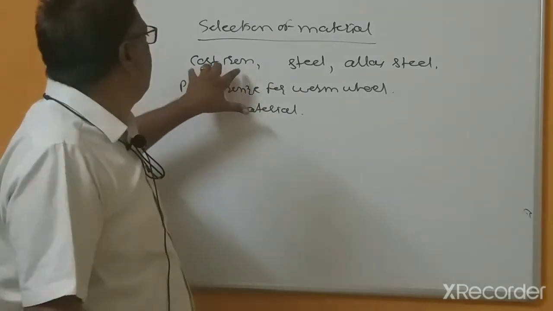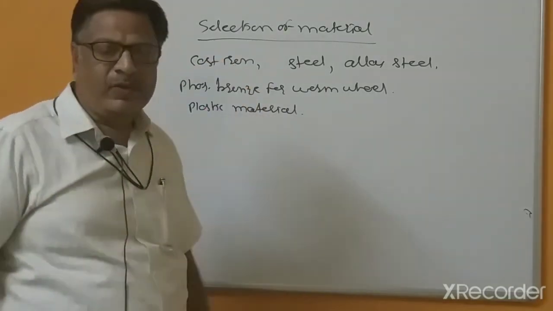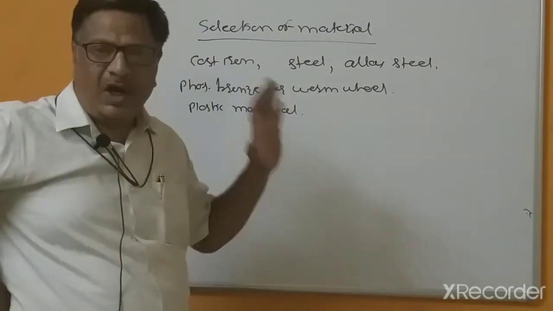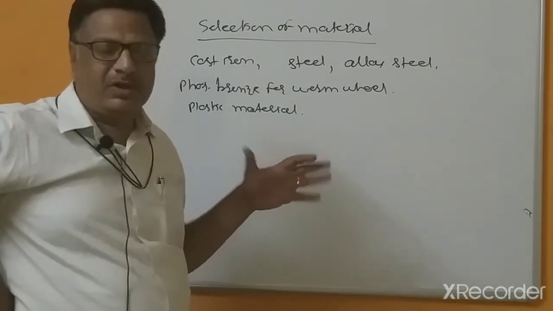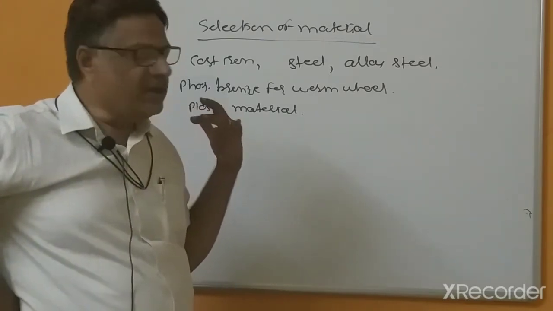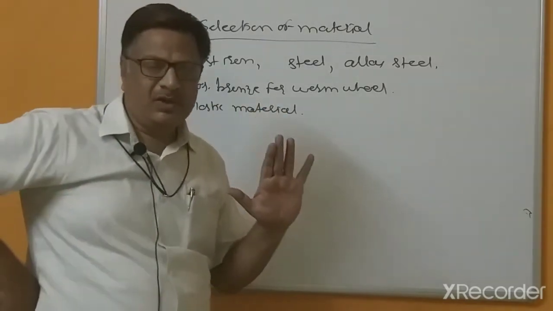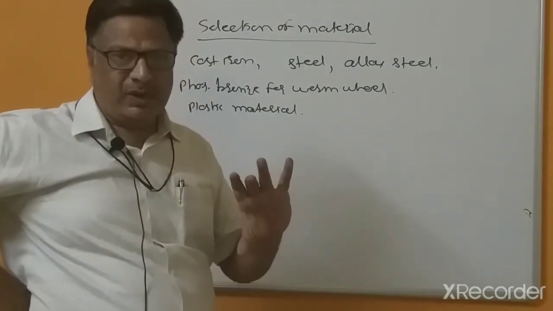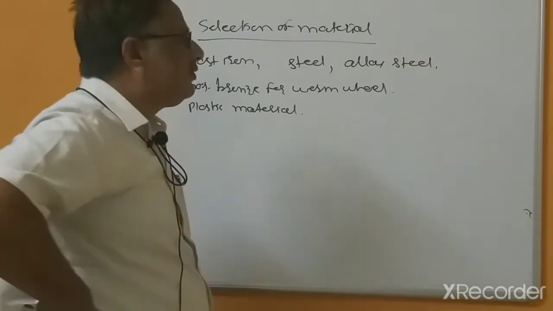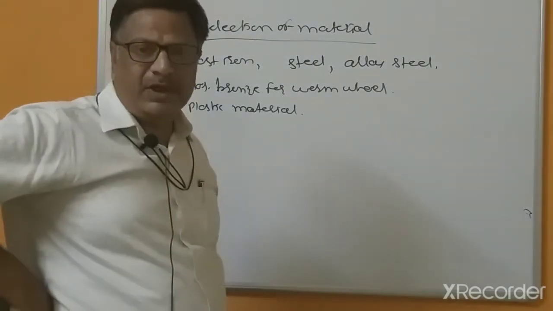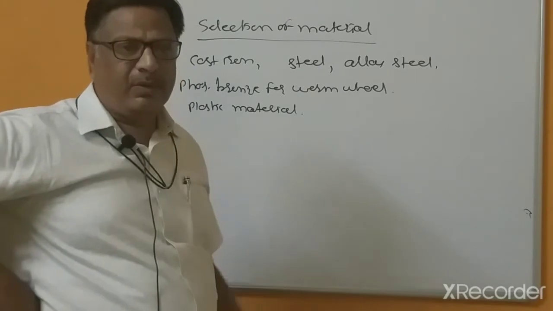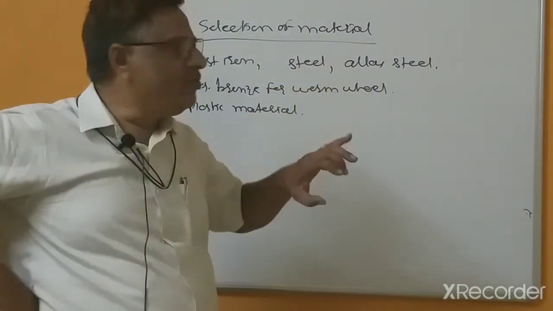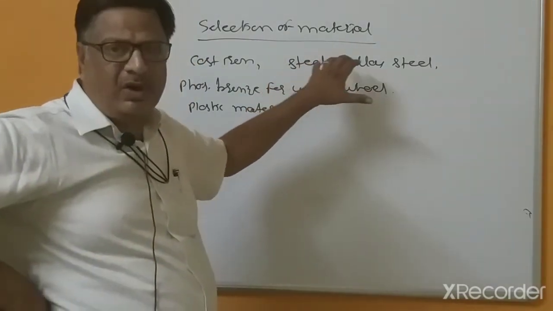So the more popular material is the cast iron, and the teeth are to be hardened. All the teeth should be hardened. Otherwise this gear may fail, if we use gears without hardening for the transmission of the torque from one shaft to another shaft. For other materials, if more power or medium power is to be transmitted, or if the size is small, then you can use steels or alloy steels.